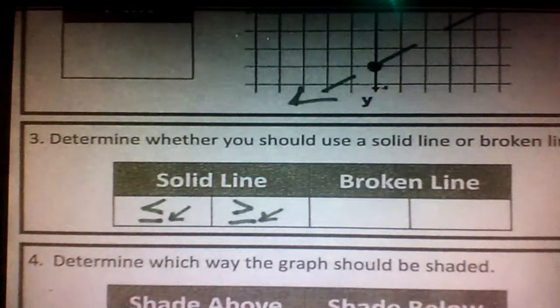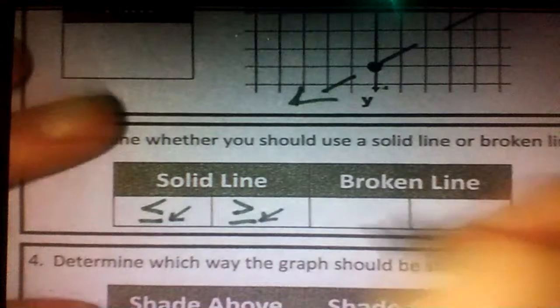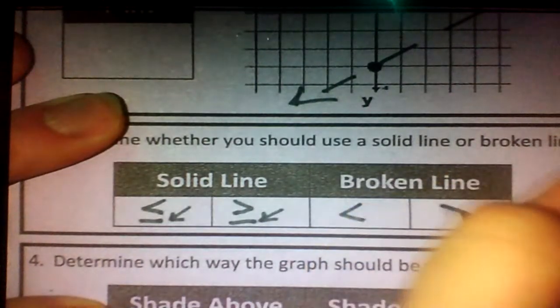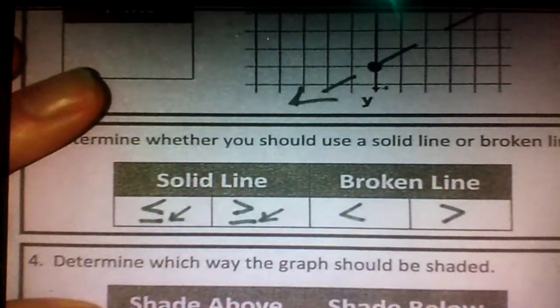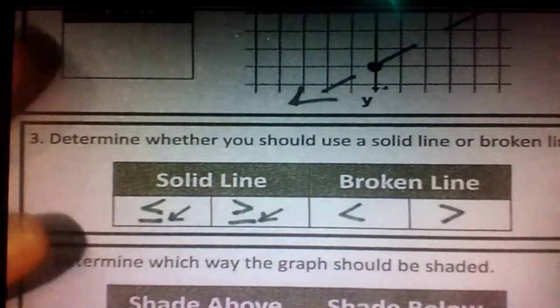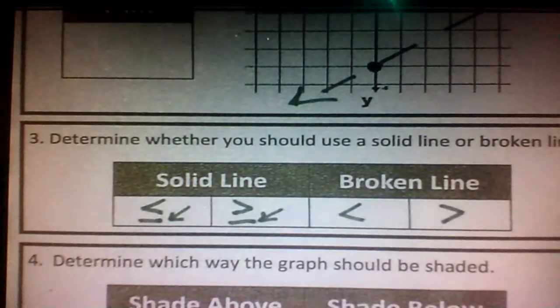So which ones are going to give me broken lines? The ones without the line, so less than or greater than. What that means is anything that's on that broken line is not a solution to that inequality.